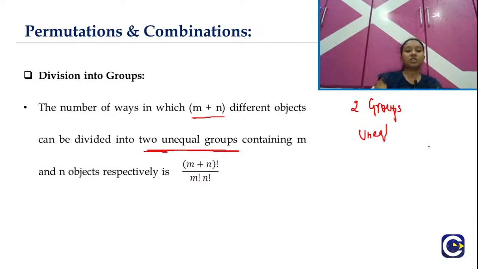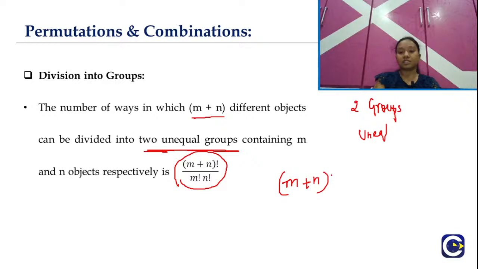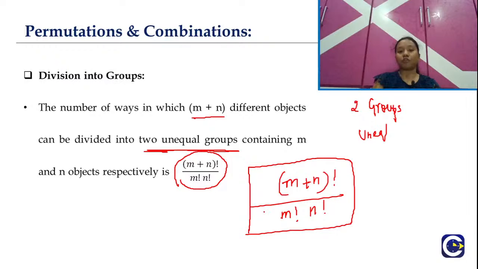That is given by the total number of objects, m plus n factorial, divided by m factorial into n factorial. This is not exactly the group of objects, but the number of ways we can divide into two unequal groups.